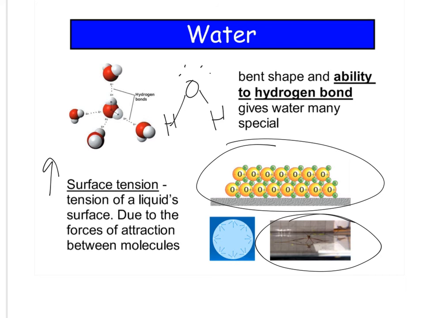Surface tension, because of hydrogen bonding. So you need to remember water is polar, it's bent, and it has high surface tension because of hydrogen bonding. So this hydrogen bond, what I'm talking about, is right here. It's between the molecules. This hydrogen is attracted to this negative oxygen, and you kind of create almost like a fake little bond.